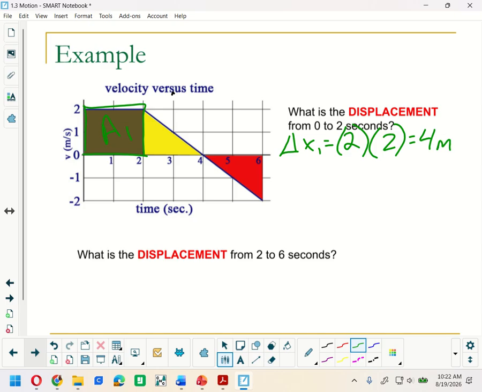All right, this next part is asking from 2 to 6. So starting here, going all the way to here. Can I break this up? Yes, I have 2 triangles. So I'm going to break it up into 2 triangles here. I'm going to call this one A2, this one A3.